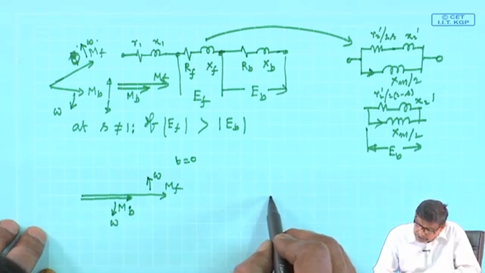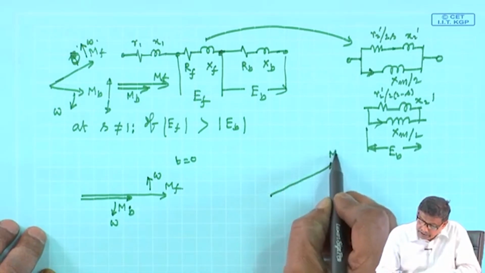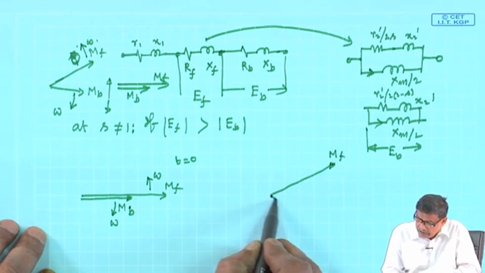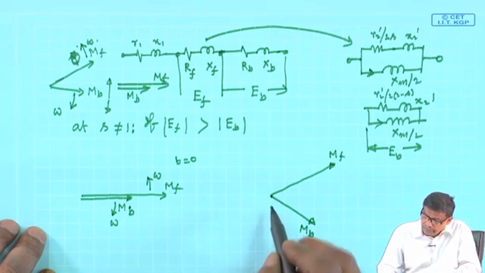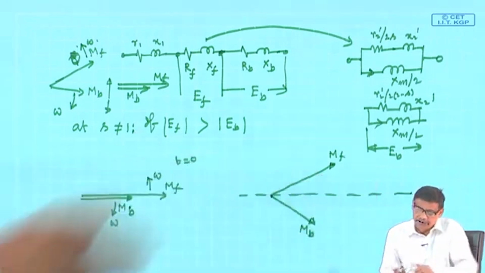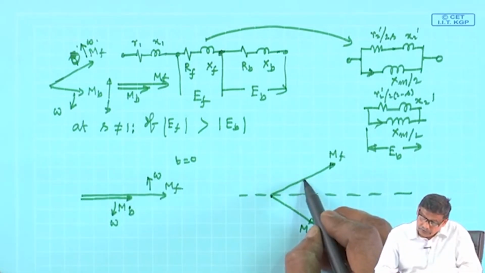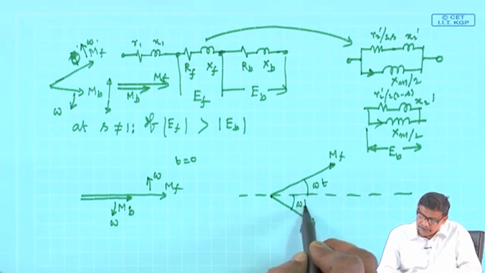Therefore, at any arbitrary time, forward field will be here M f and backward field will be there M b, and this is that initial point where they were together. So, this will be omega t and this will be also omega t.